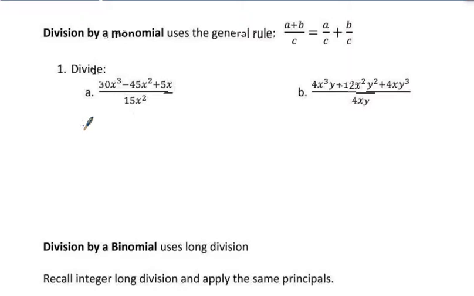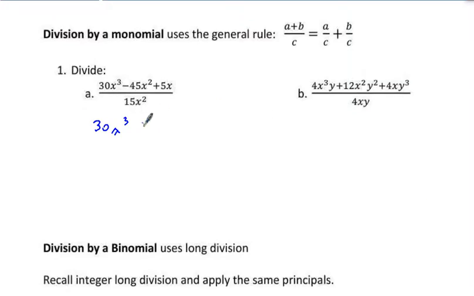As you see in the general rule above, we want to separate this polynomial: the 30x cubed, the minus 45x squared, and the positive 5x. All of those will be separated and individually divided by 15x squared.